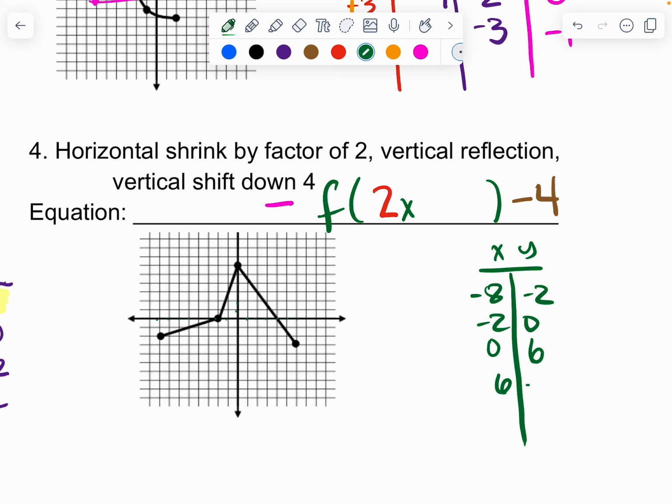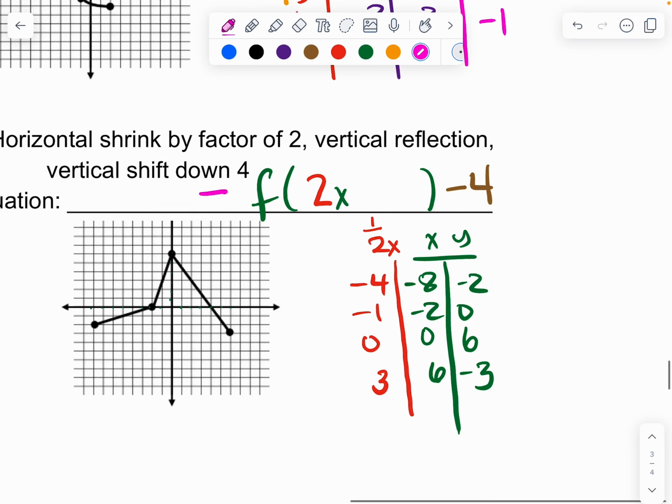So 6, -3. Okay, so then I'm going to do my horizontal shrink because we don't have any other movement on that. You're taking half of it. Okay, so -4, -1, 0, and 3.